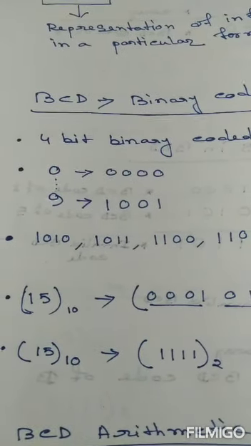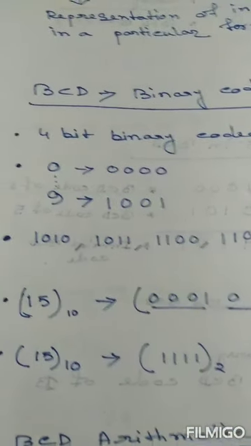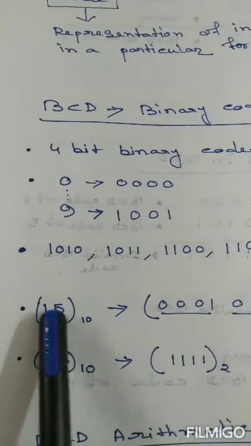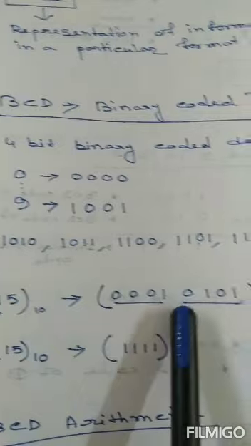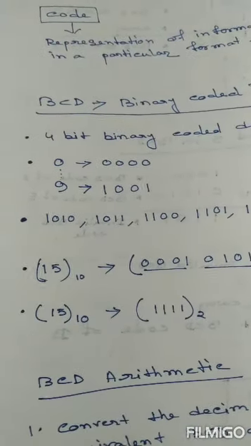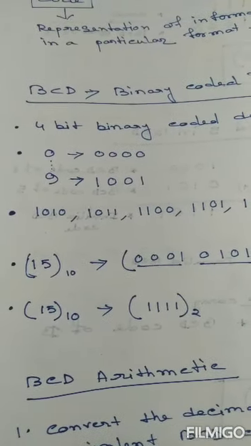Because suppose we want to represent 15 as a BCD number, we should represent the first digit 1 as 0001, then 5 as 0101. Again I repeat, for a 4-bit BCD number, we can represent only 0 to 9.